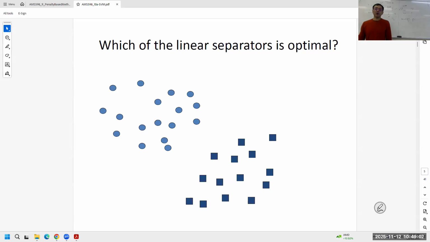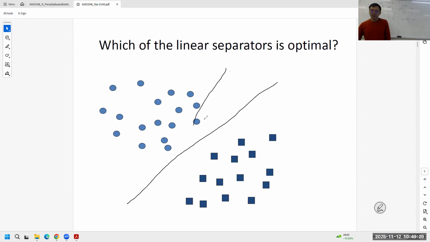So intuitively, what do you think? What kind of line I draw here will make the best separator? Well, this may not be the best one, but you are in the right direction, right?